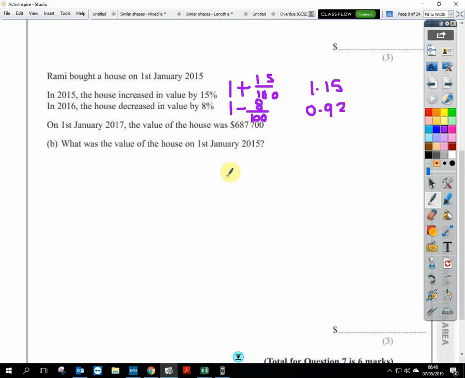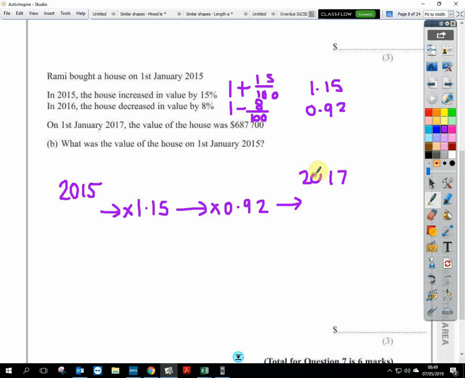$687,700. What was it? Okay, so we've got the 2015 value, and then it goes up by 15%, so times by 1.15, and then it goes down by 8%, so you times by 0.92, and then that gives us the 2017 value, which is $687,700.